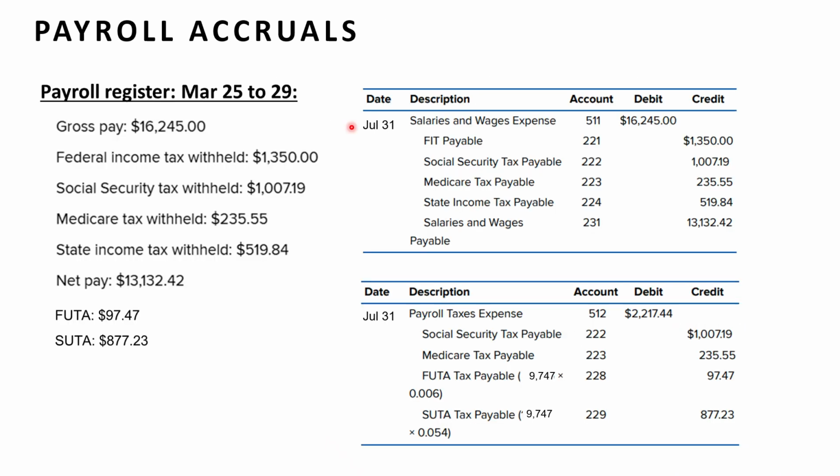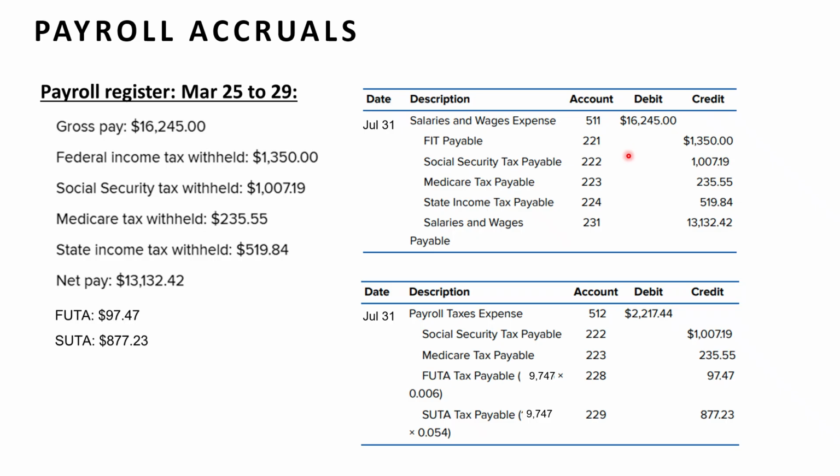In the first journal entry, we debit the salaries and wage expense account 511 for the gross pay accrual of $16,245. Then we record all withholdings as credits because they're liabilities. Federal income tax payable account 221 of $1,350.